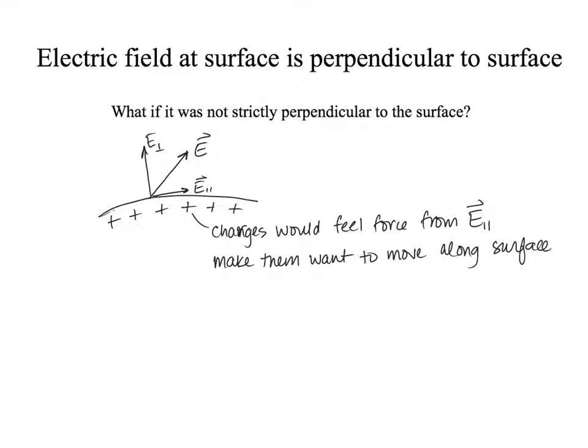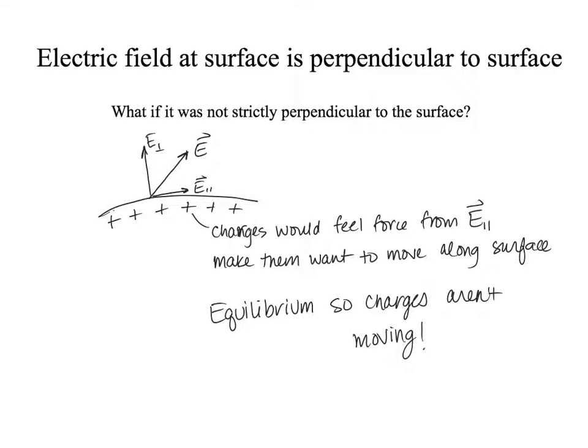They would have to move parallel or anti-parallel to the electric field. However, they're in equilibrium. So the charges aren't moving. Therefore, the electric field can only have a perpendicular component.